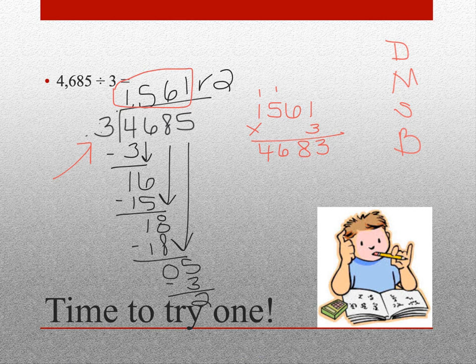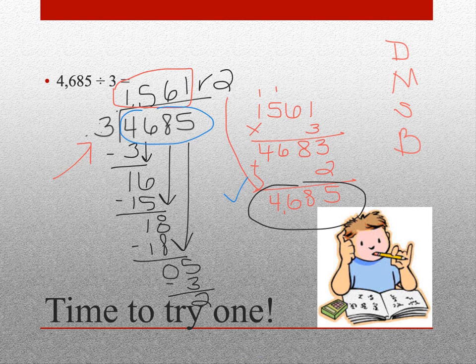But since I have a remainder, I need to now add that in. So plus 2. 4,685. Now you can see once again, this matches my original dividend here, so I know my answer's correct.